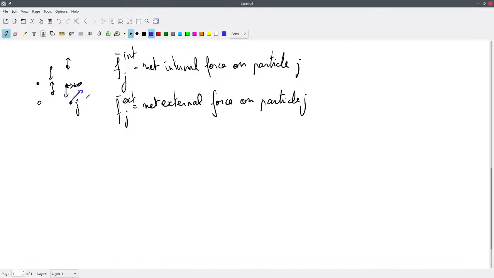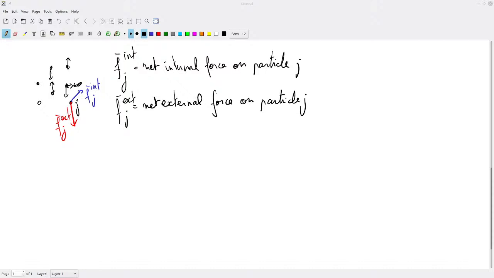There's, let's say this is F internal on J, and then there's some net external force, which we're going to draw in red here. So those are the forces on particle J.